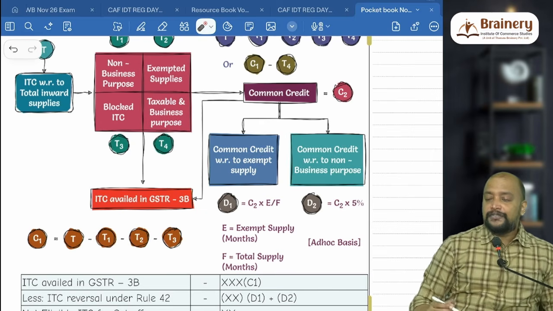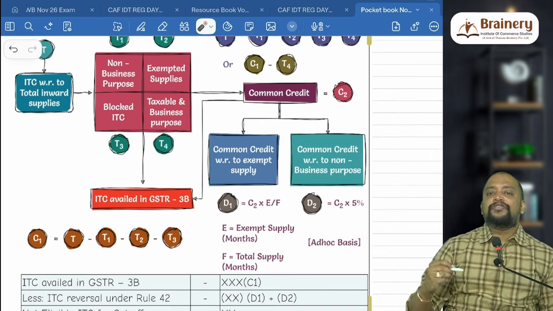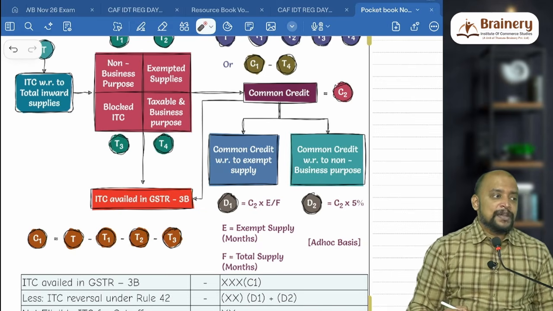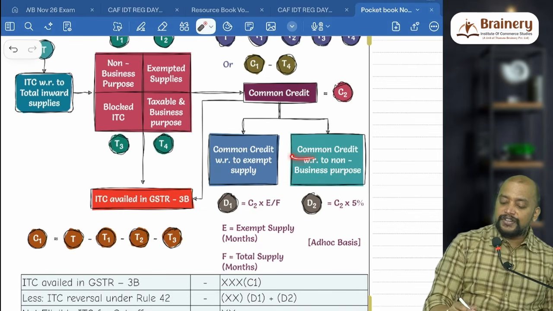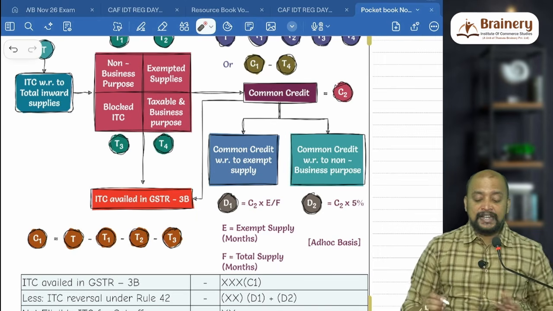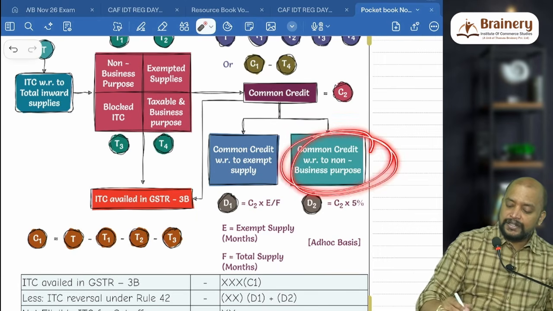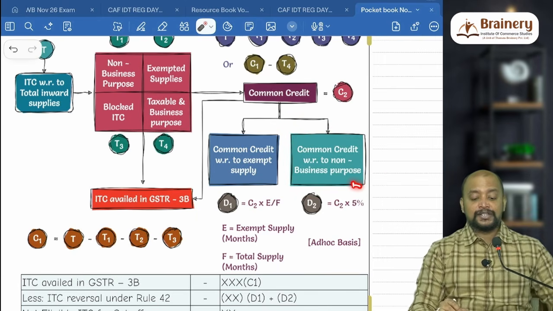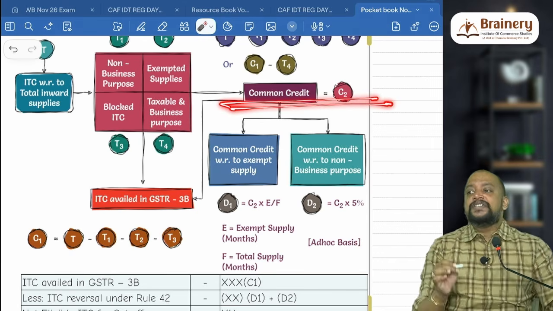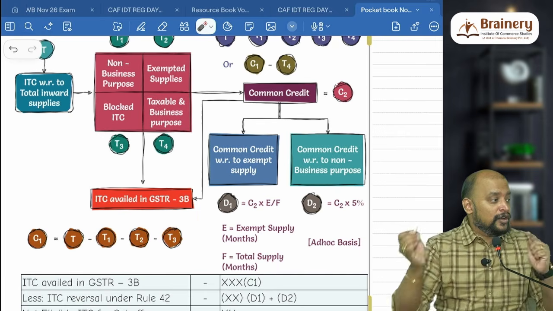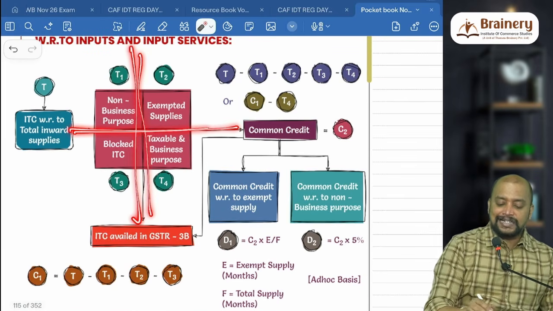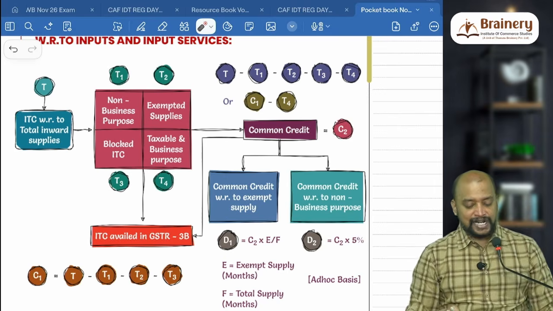That common credit we need to see how much is used for exempted supplies, that is D1, common credit into E by F, and how much is used for non-business purpose, that is common credit into 5%. But remember, we will get common credit with respect to non-business purpose only if any single invoice is there in the common credit which is partly for business, partly for non-business. If you know exactly, we can distinguish or segregate it in T1, T2, T3, T4 stage itself.